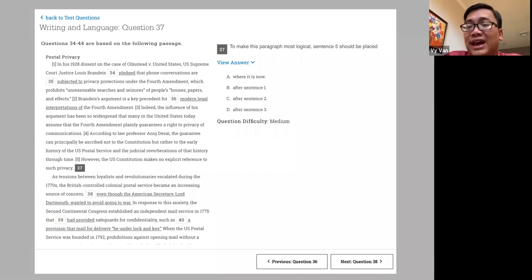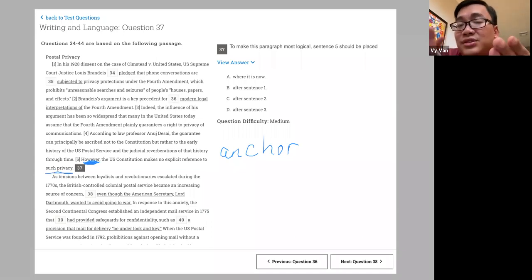When you do sentence placement, always look for those anchor words, the transitional words. "However" means there has to be a contrast before this, and "such privacy" means it has to mention some type of privacy before the sentence.